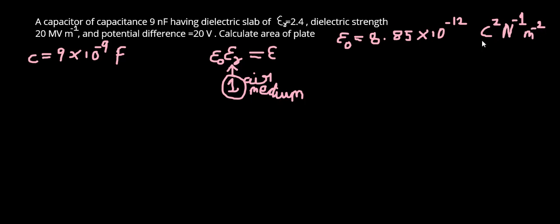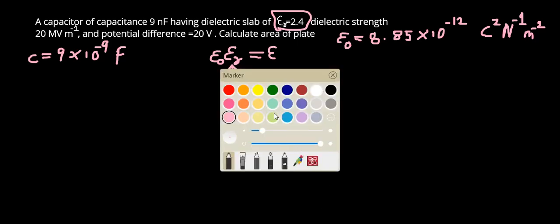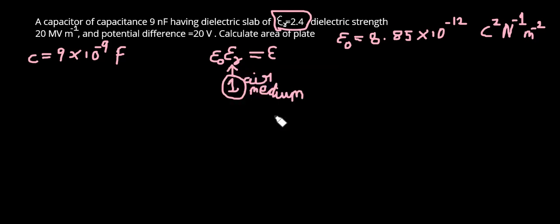This is coulomb square per Newton meter square, the SI unit for this. So instead of epsilon we will be using this. Since this is for the air medium, epsilon r is 1, but here the epsilon r value is given in the question itself, so we have to use this value for our further calculation.